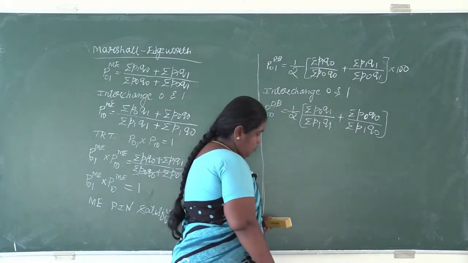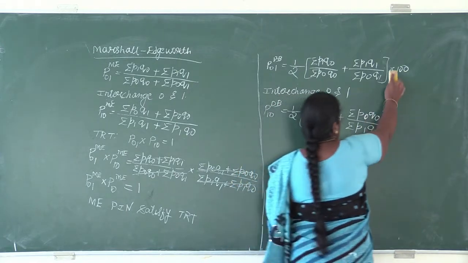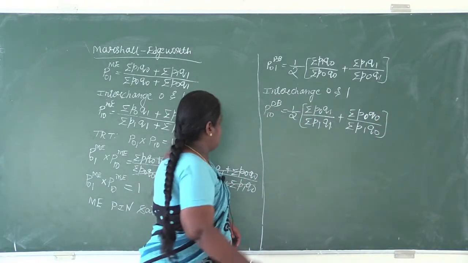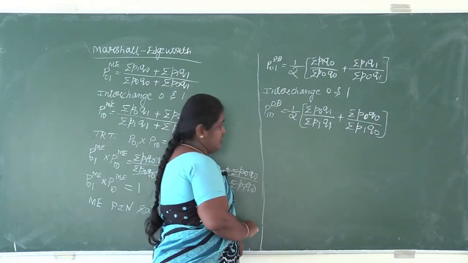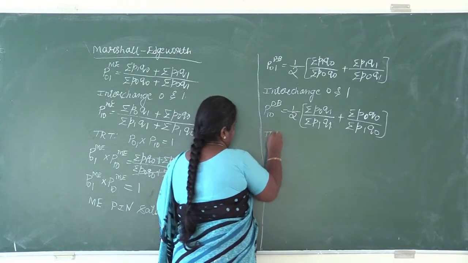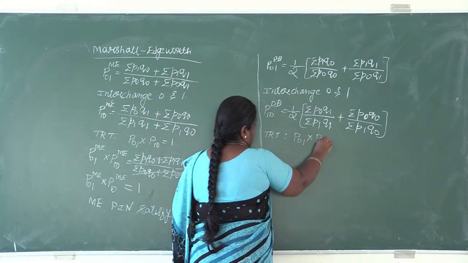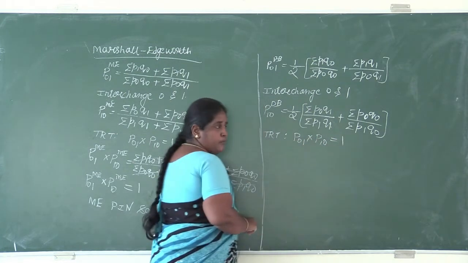Here, when I have written Darvish-Pauli, I have not taken it into 100, it is only the ratio terms. Then the condition of time reversal test is P01 into P10 equals 1.